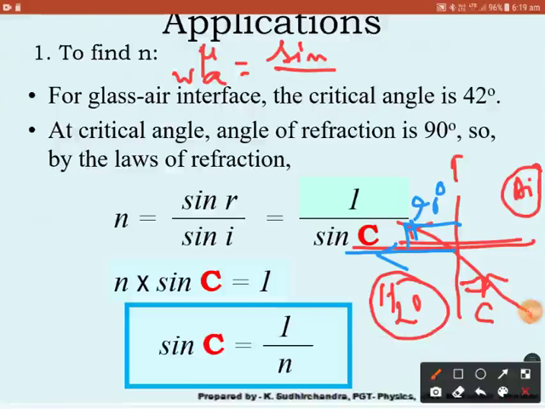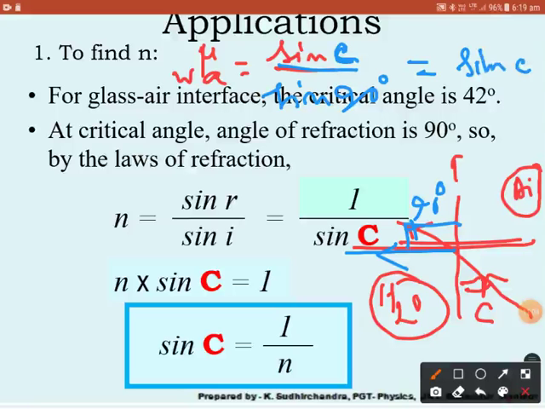So if I take the sine of the critical angle C, then the angle of refraction is what? 90 degrees, right? Sine of the critical angle divided by sine 90 degrees, and sine 90 degrees is 1, we know it. So it will be the sine of the critical angle.